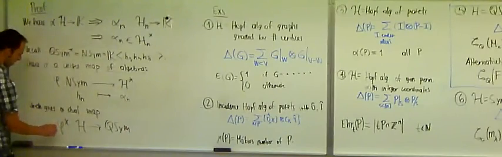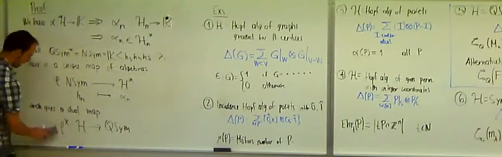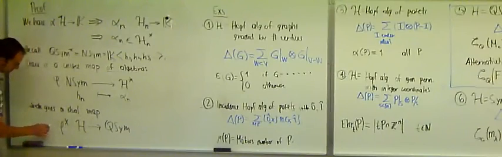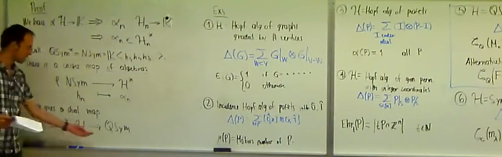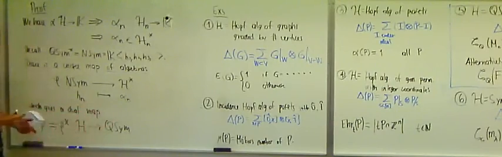And I'm going to call this thing psi. Okay. And I would argue that this at least has a chance of working, because we're mapping from the correct thing to the correct thing.